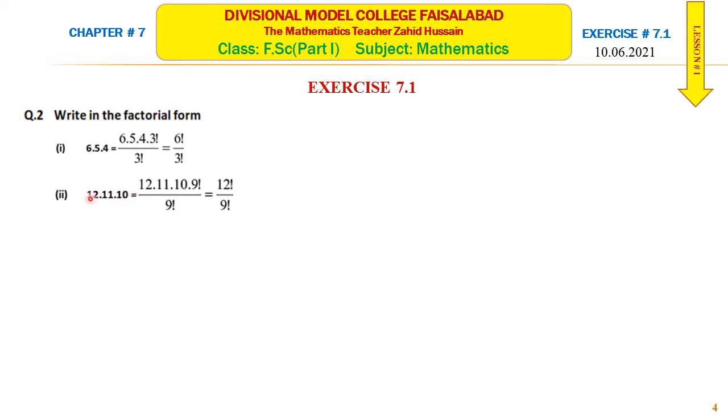If you multiply this left hand side by 9 factorial, you have to divide this by 9 factorial as well to keep the equality. So this is equal to numerator, larger number is 12 because this is the product of all the numbers from 12 to 1. So we can write this as 12 factorial, and in the denominator there is 9 factorial. So again you cannot cancel 12 and 9.